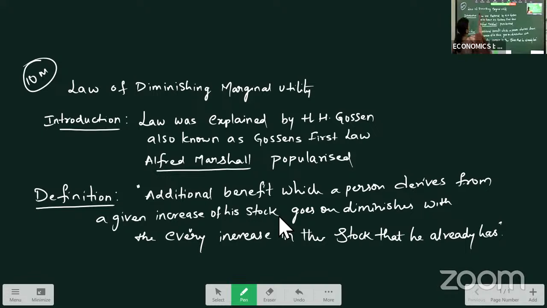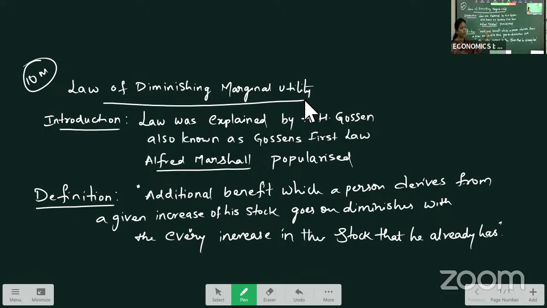That's why we call it diminishing marginal utility. Utility means satisfaction, diminishing means decreasing, and marginal utility is additional satisfaction. So the additional satisfaction from an additional unit goes on diminishing.